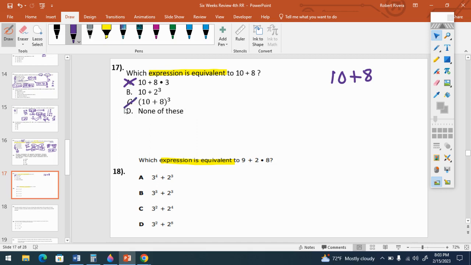So, of course, it's a drag and drop, guys. So you have to drag. Let me change it to not a pen. So you have to drag and drop.